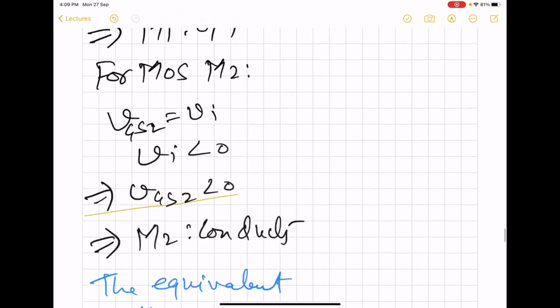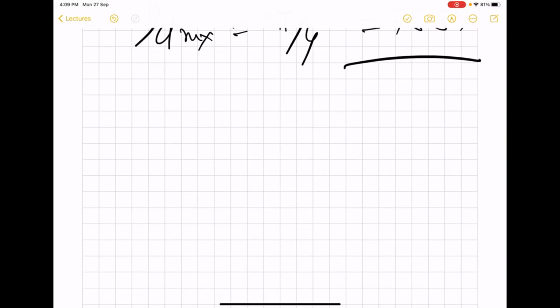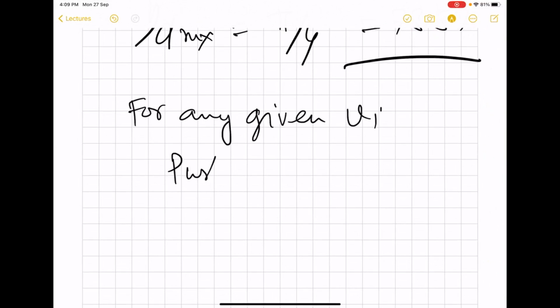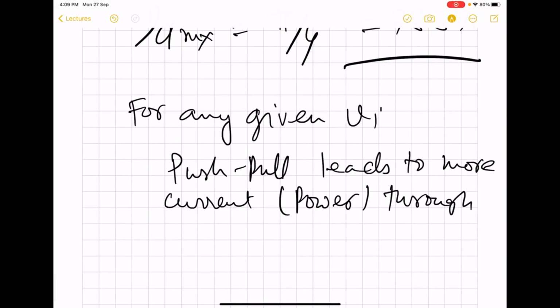So for any given input, there is more current and hence more power for the load. So this is the main advantage of going for the push-pull configuration.